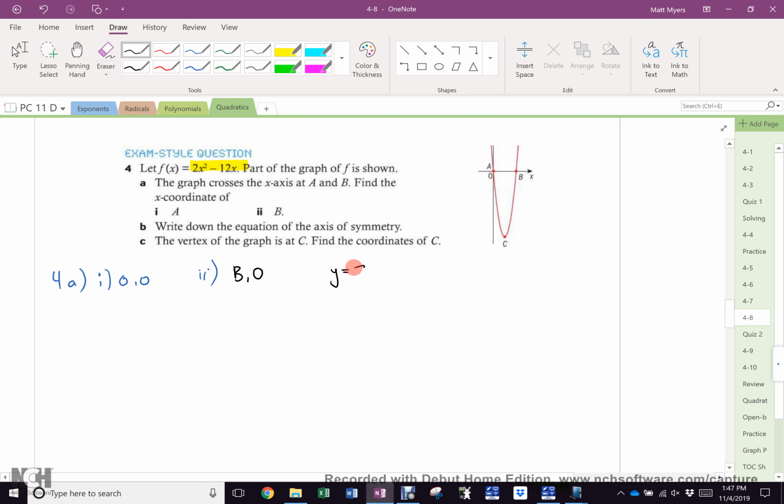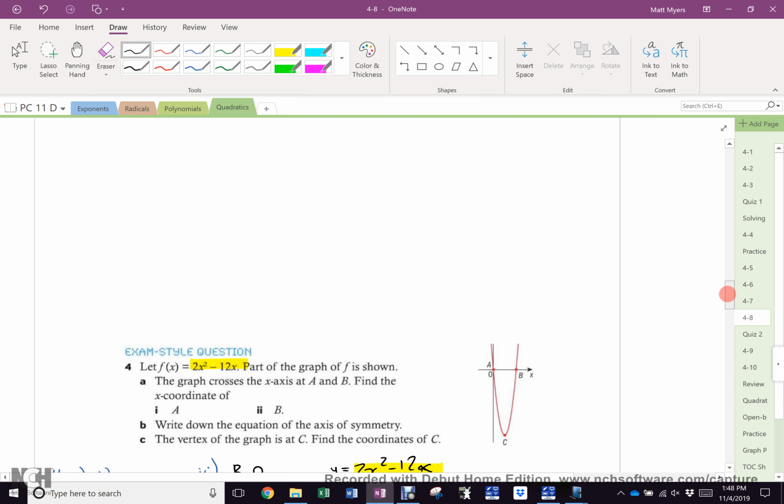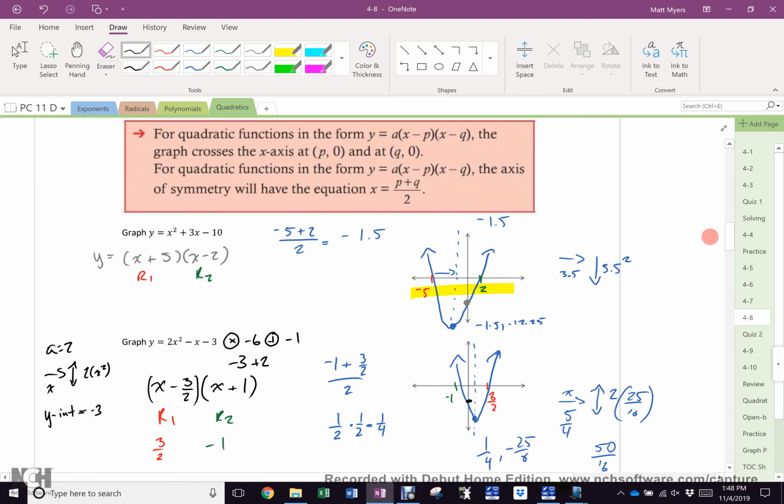That's y equals 2x squared minus 12x. I want roots, so what do I make y? 0. And what should I do to that? What did I do to that to get roots?